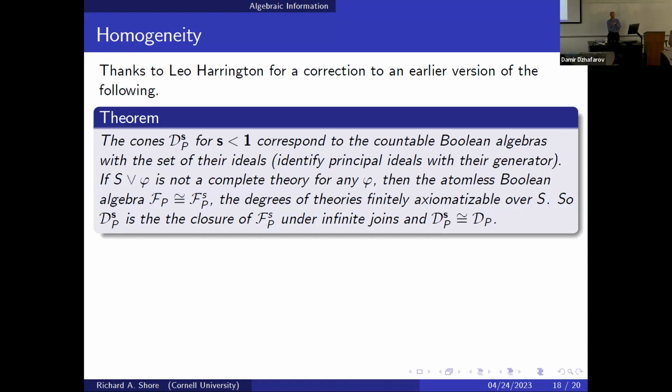But in the ordering of theories, every ideal is a theory, S. So modding out by S is just looking at things that are bigger than S. So that's an algebraic argument that you know exactly what the cones are: the countable Boolean algebras. But it turns out you can say considerably more.